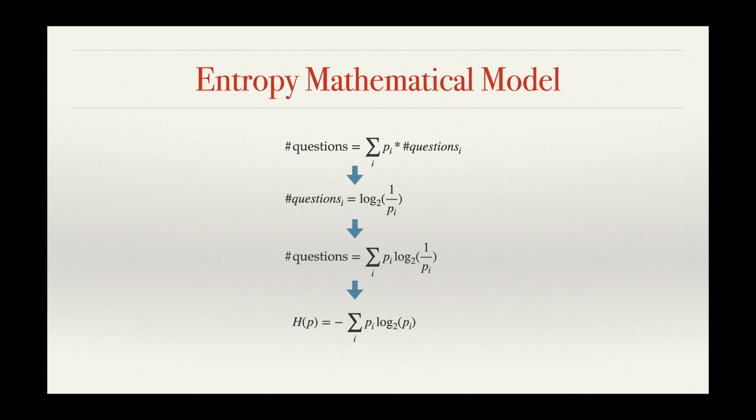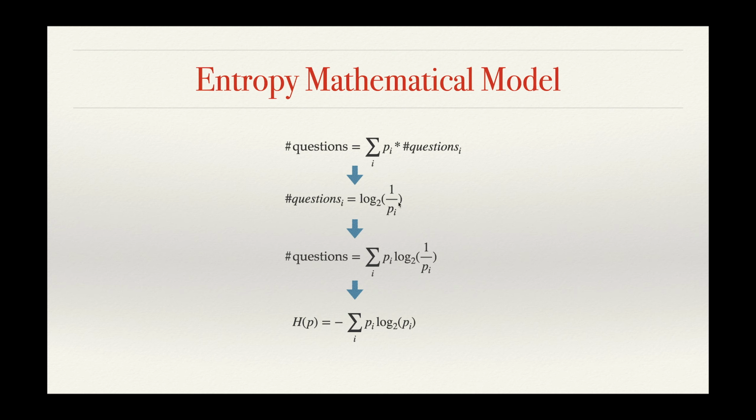So the mathematical model we have seen is the estimation of the number of questions. We need to multiply the probability with the event itself, which is the questions that we need to ask, which can be estimated by the log with base 2, but as you will see later, it's not very important whether it is base 2 or another. But to really answer the number of questions when it comes to a binary tree or bits, we need to use base 2 multiplied by 1 over the probability.